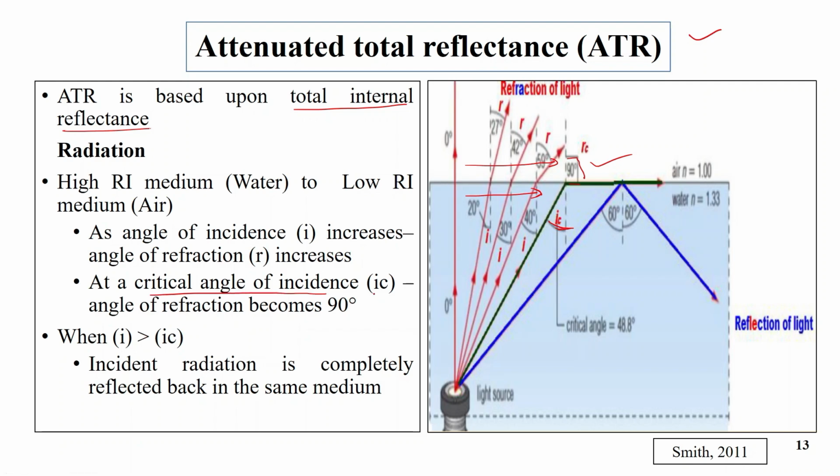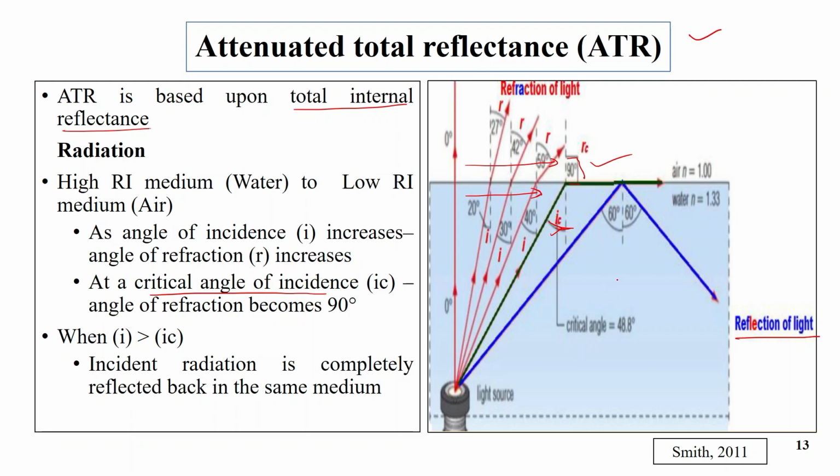If the angle of incidence is greater than the critical angle of incidence, then the incident radiation is completely reflected back in the same medium.